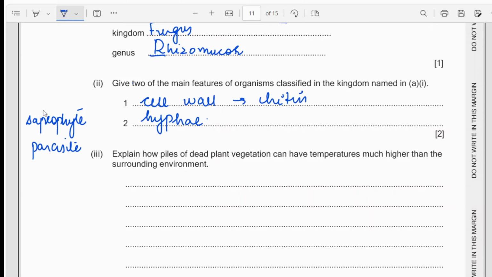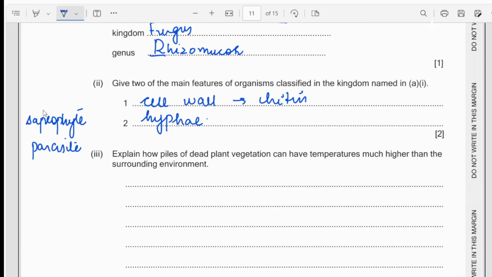Okay. How can piles of dead vegetation have temperatures much higher than the surrounding temperature? Now something is working. Which one is it? Fungi. Fungi feed on the dead plant vegetation. What increases the temperature of that dead plant vegetation? Respiration. Good.